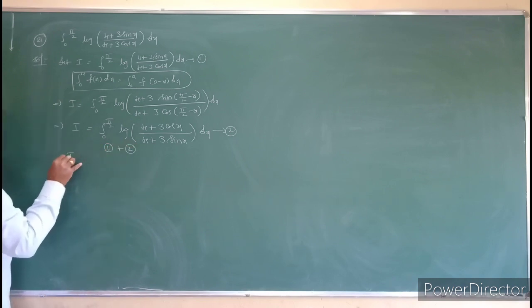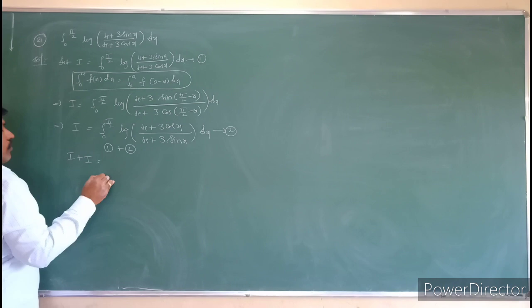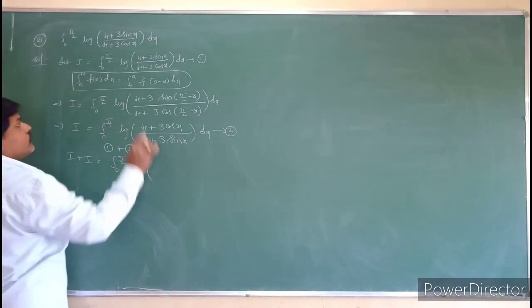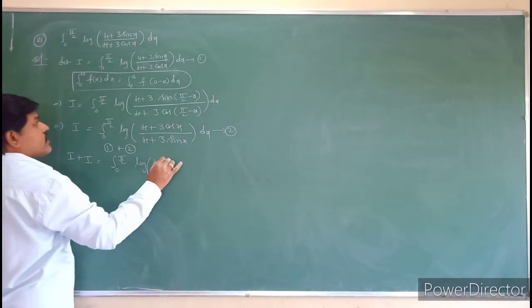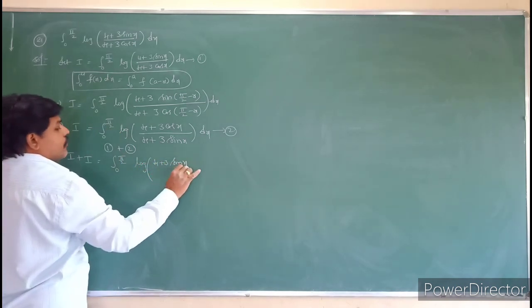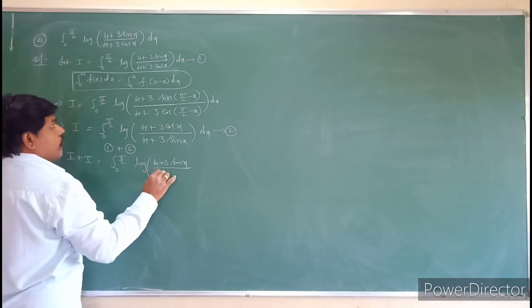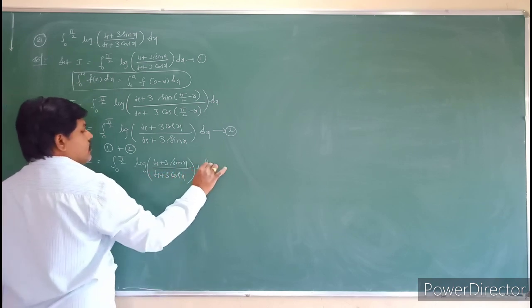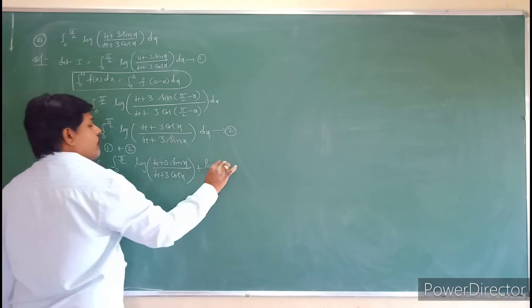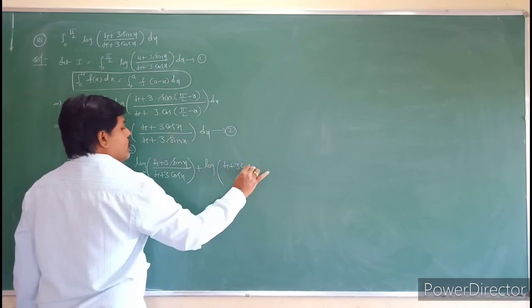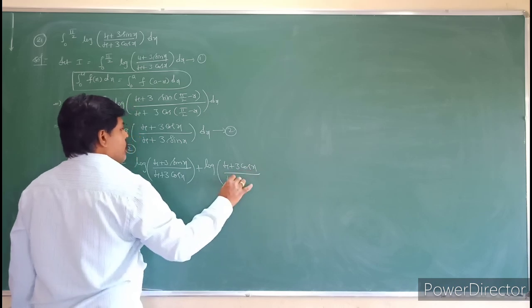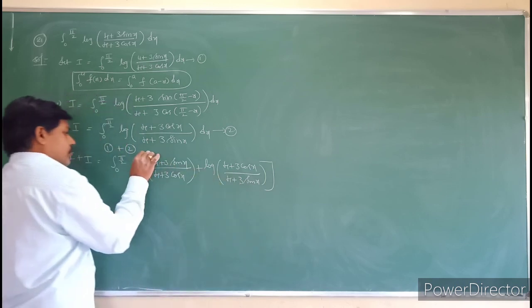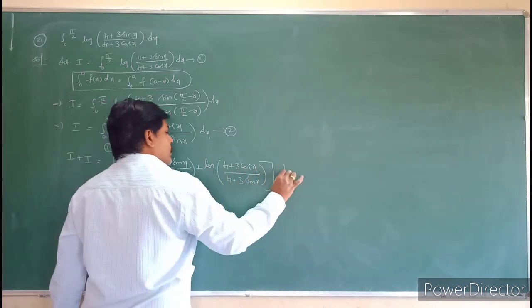What happens? I plus I is equal to integral 0 to pi by 2 log of 4 plus 3 into sin x by 4 plus 3 into cos x, plus log of 4 plus 3 into cos x by 4 plus 3 into sin x, into dx.